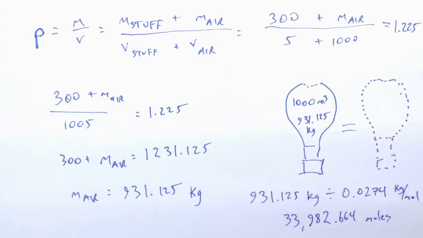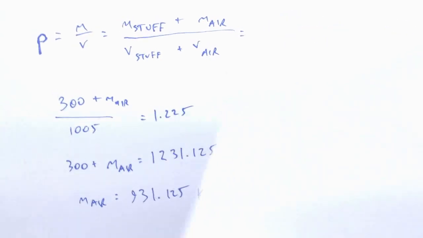And the only way to get air out is to heat it up. So the question is now, at what temperature do we need to have the air inside that balloon to get enough air to leave to make the density equalize? Well, let's go ahead and do that calculation now.